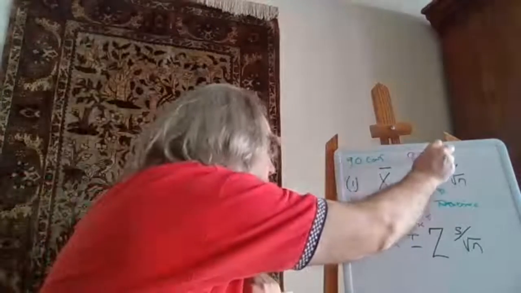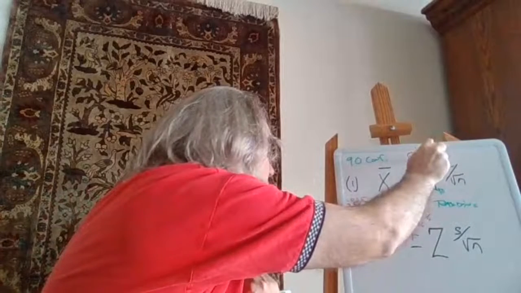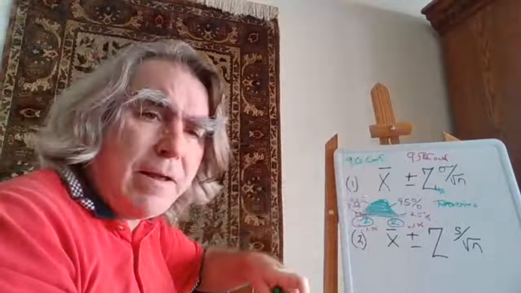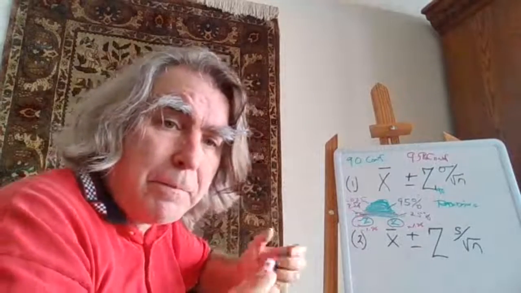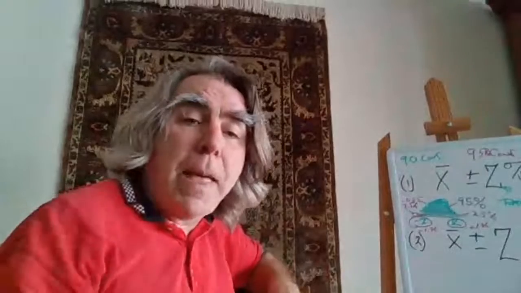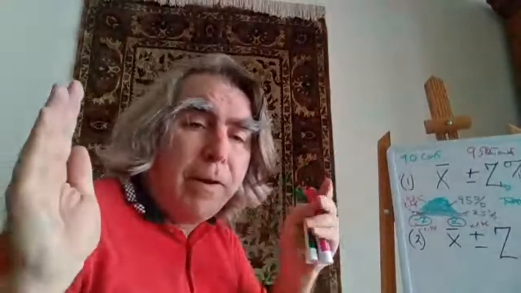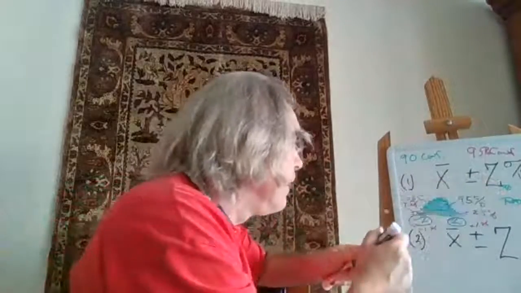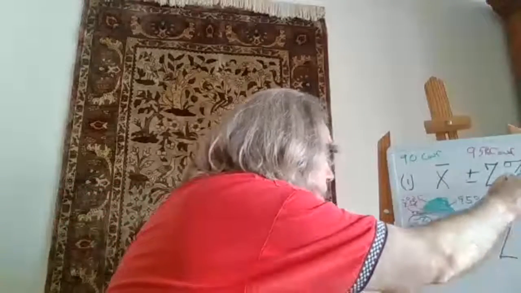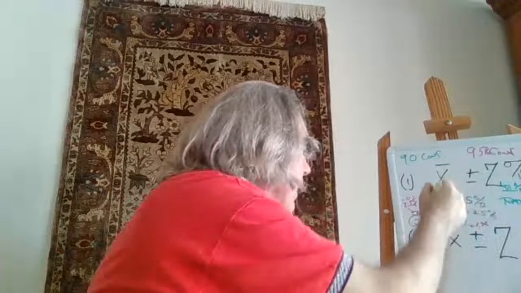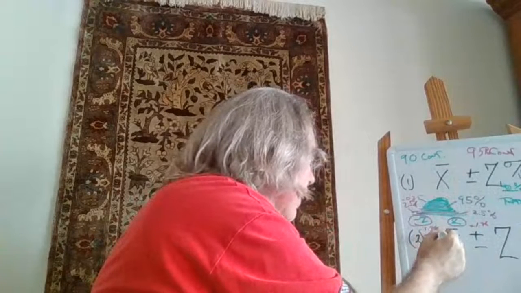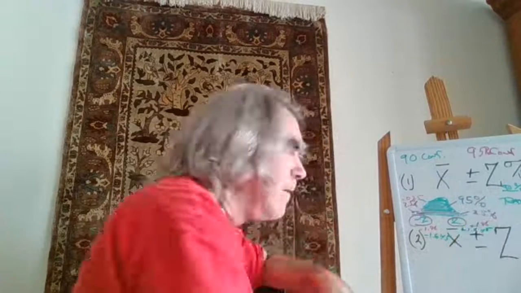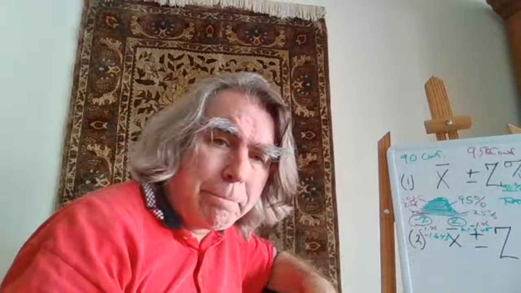If I were to do something other than a 95% confidence interval, say the green 90% confidence interval, which means I want to tell my boss, hey boss, I'm 90% sure that reality is between these two numbers, I would use a z that corresponds to 90%. In that case, minus 1.645 and a positive 1.645 are going to be the z value.